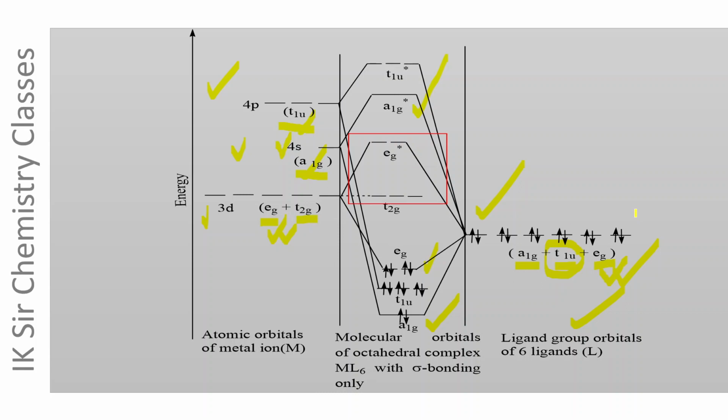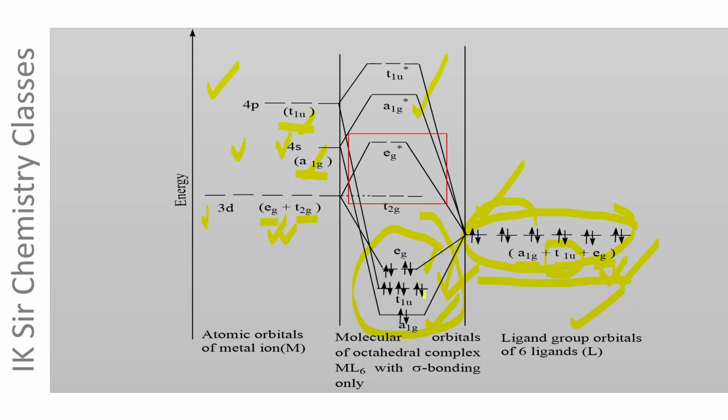Each ligand contains one pair of electrons and hence 6 ligands will contain 6 pairs of electrons. These 6 pairs of electrons are filled in these 6 bonding molecular orbitals.